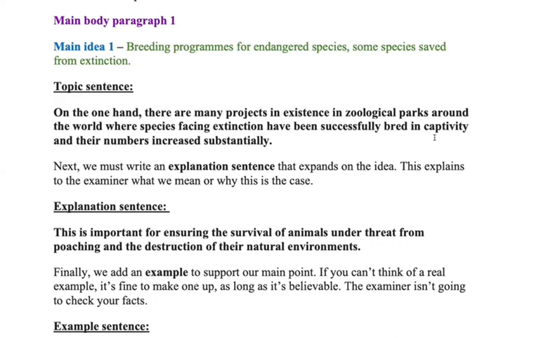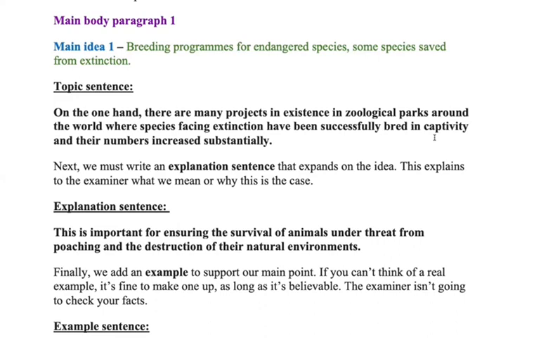This is important for making sure of the survival of animals and the threats from poaching. Here we have poaching. This is important for ensuring the survival of animals and the threat from poaching.